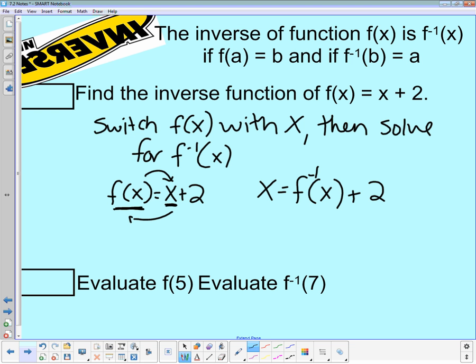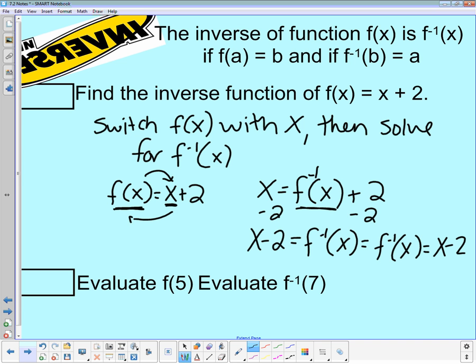From here, we solve for f inverse of x. To get it alone, we subtract 2 from both sides. So x minus 2 is equal to f inverse of x. This is more commonly written as f inverse of x is equal to x minus 2. And that's our inverse.